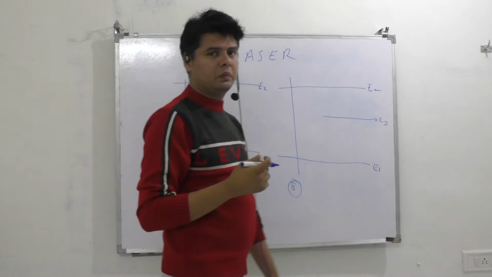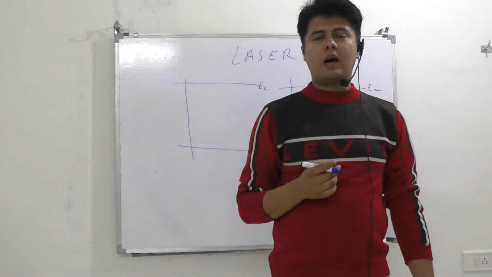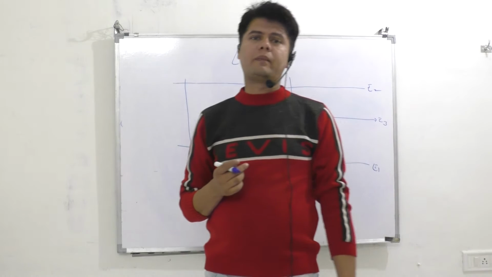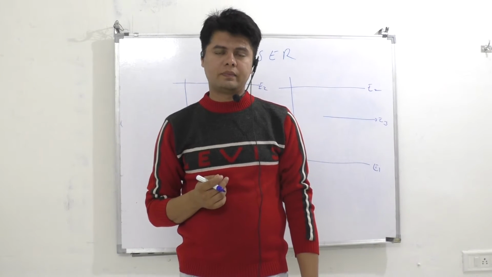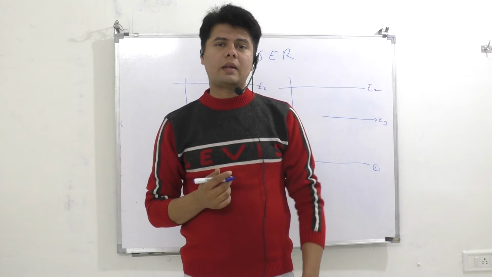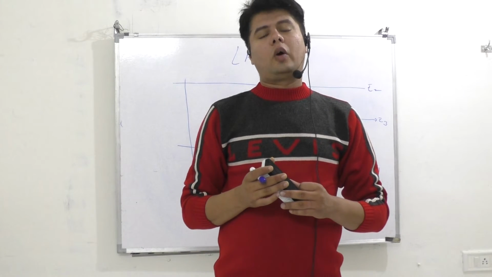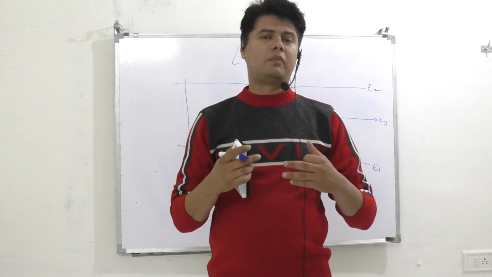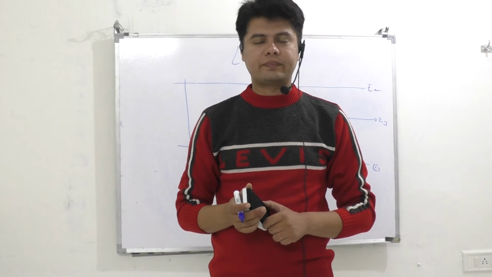As we all know, electrons rotate in the orbits of an atom. According to Bohr's atomic model, every atom consists of many orbits.